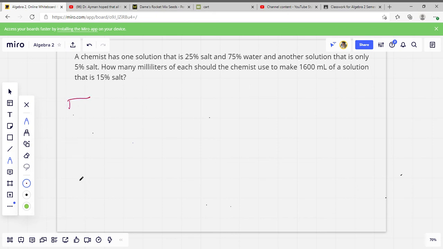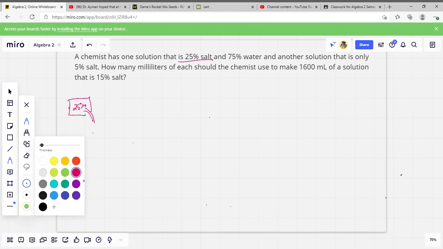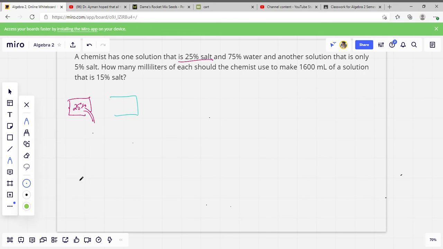So first we're going to have a chemist has one solution that's 25% salt. Ignore the 75% right here. And another solution that is only 5% salt. So this one's 25%. And then we've got another one that is 5%.